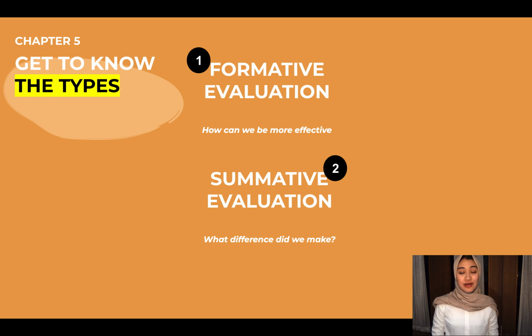So speaking of evaluation, the book we are using, Logic Models, mentions two types of evaluation. The first one is formative and the second one is summative. The formative measures how we can improve, how we can enhance our performance, how we can be more effective.